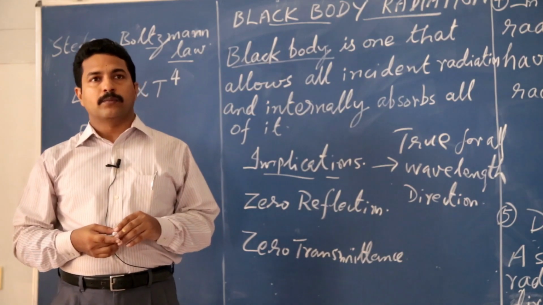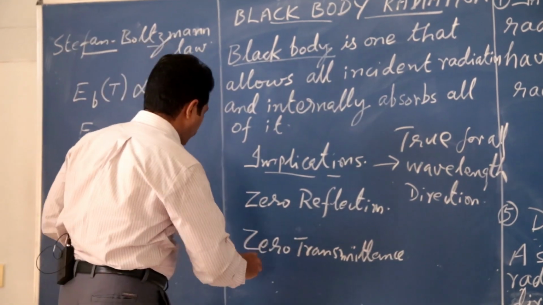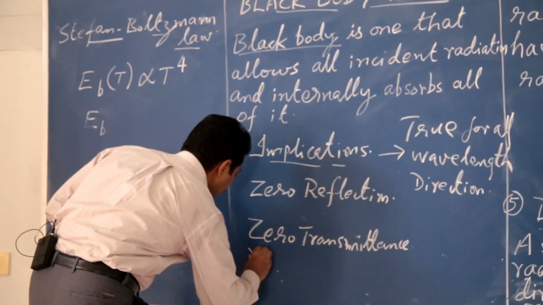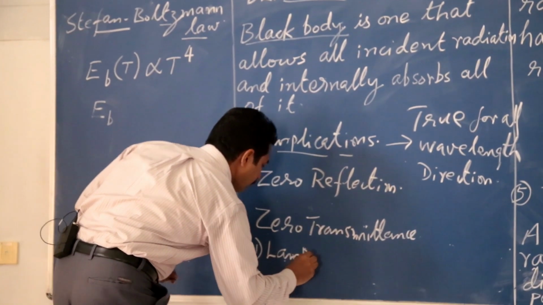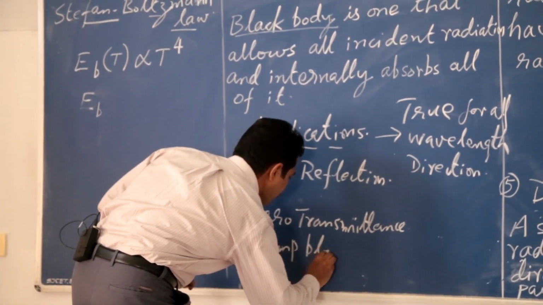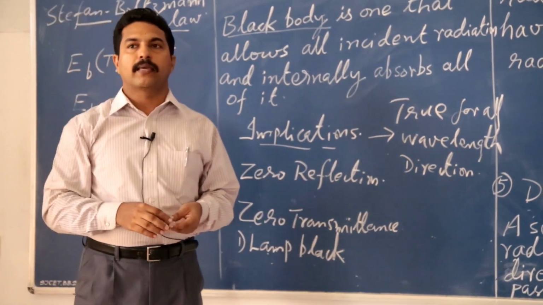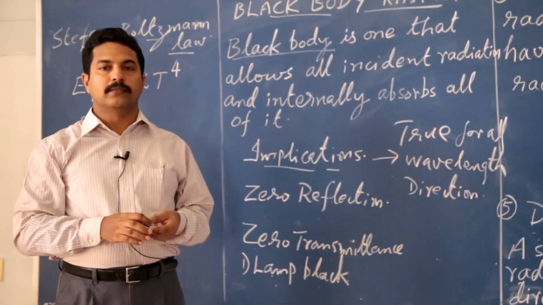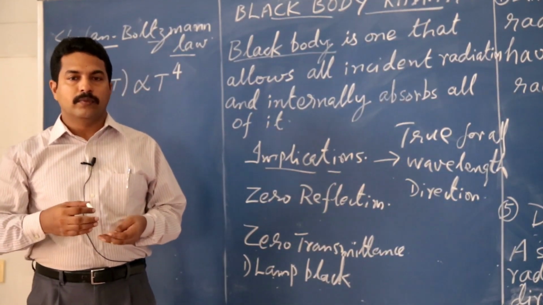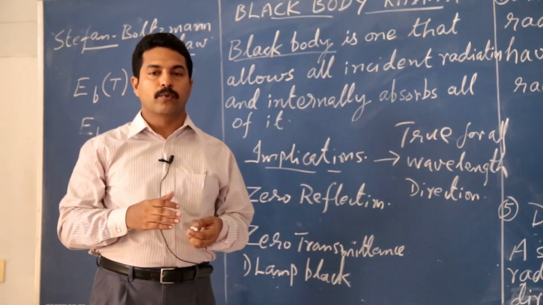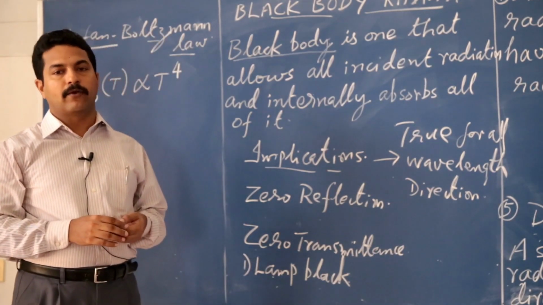There is something called lamp black. So lamp black is an example of a black body. Another example is gold black, platinum black, and there are some special paints which also have the capacity that we can idealize as almost a black body, though there is no perfect black body available.